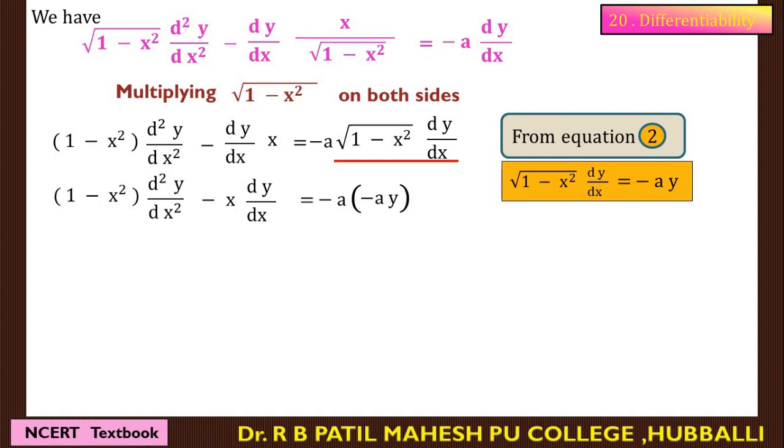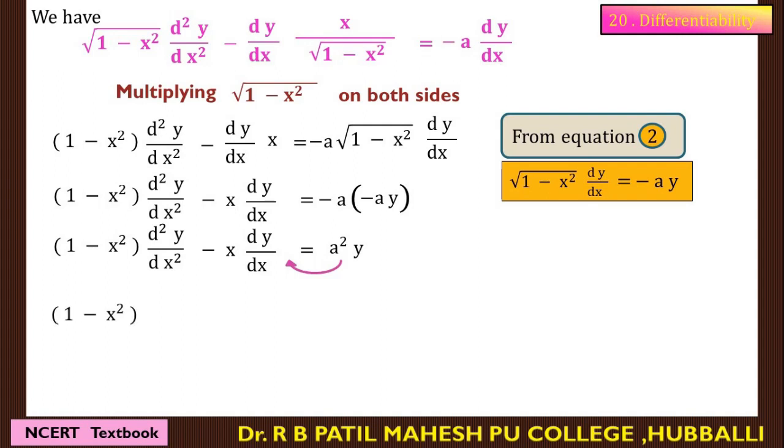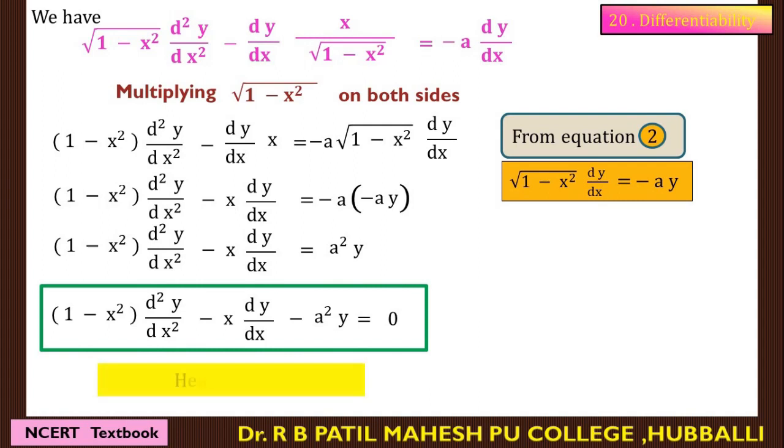So here it is minus ay, left side as it is, equal to, so minus a into minus ay becomes a square y, and then you transfer this term to the left side, so then you will get the required answer. So (1 minus x square) d square y by dx square minus x into dy by dx minus a square y is equal to 0. We proved that the expression is equal to 0. Hence proved.